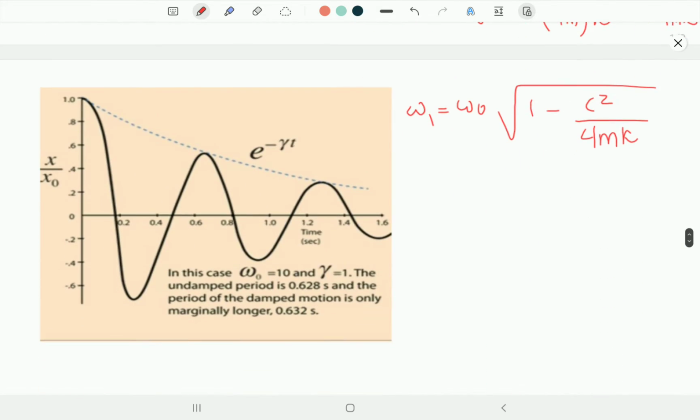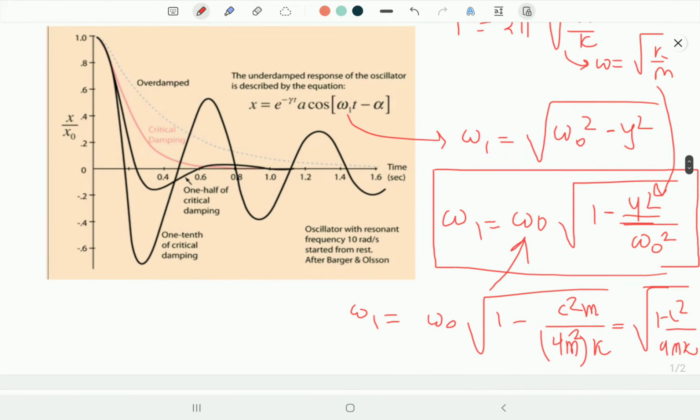So as you can see, here is the graph, and there is always a damping present. So this is e to the power minus lambda t, and this curve which is sinusoidally decreasing is always lying below the curve. So here omega 1 could be written as the square root of omega naught square minus gamma square. What is omega naught?